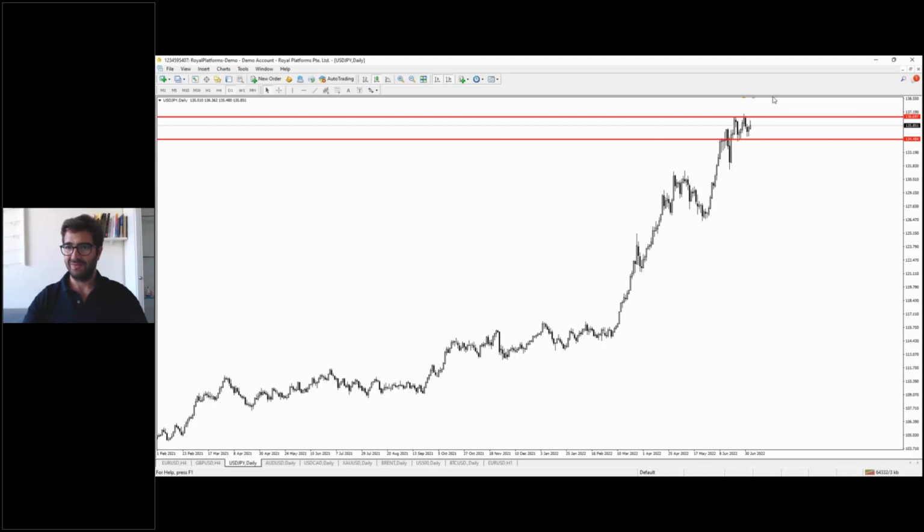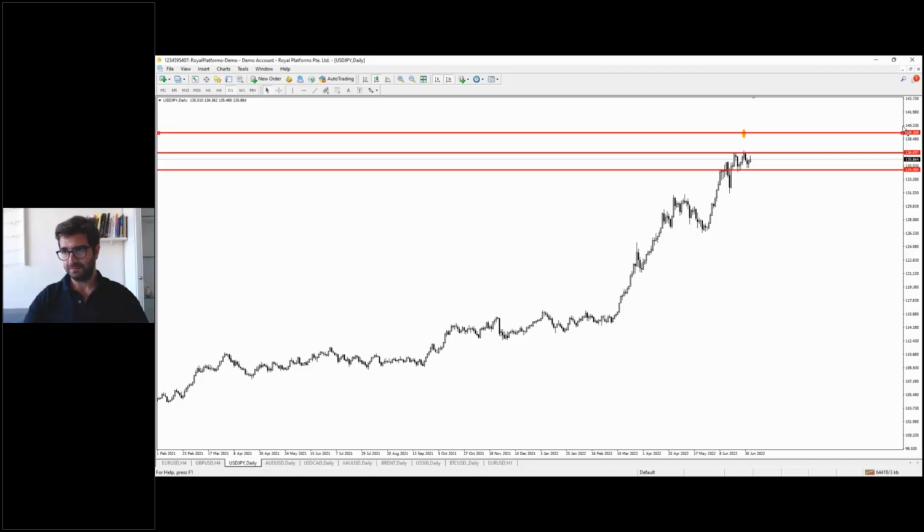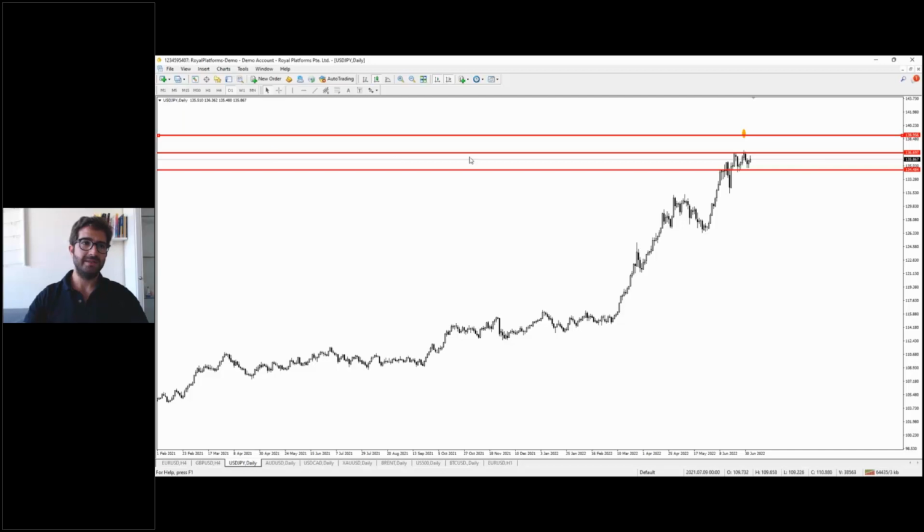And if we have a breakout above the 136, we should see the market reaching at least 139, around this level here. I took this round number, the 139, because I already saw the historical data on another platform.